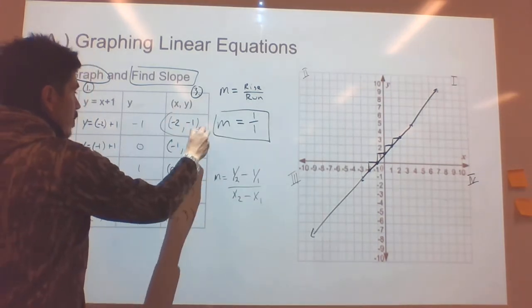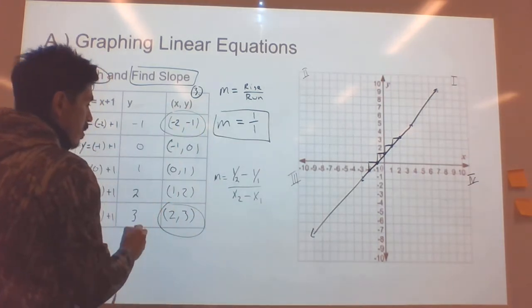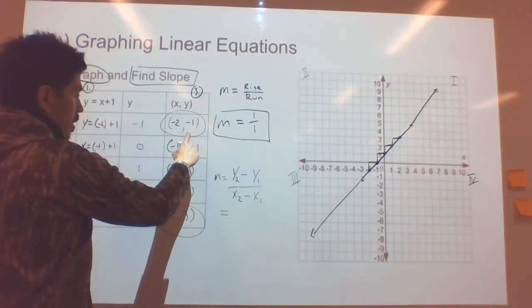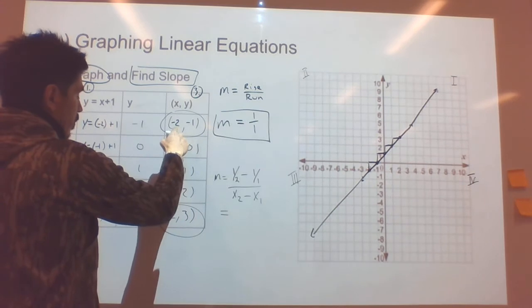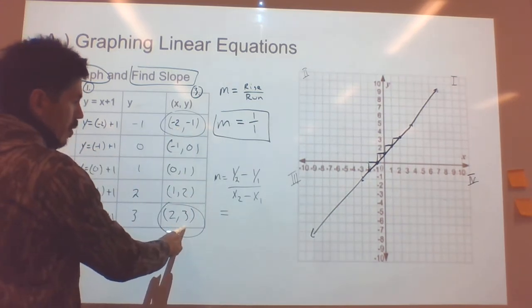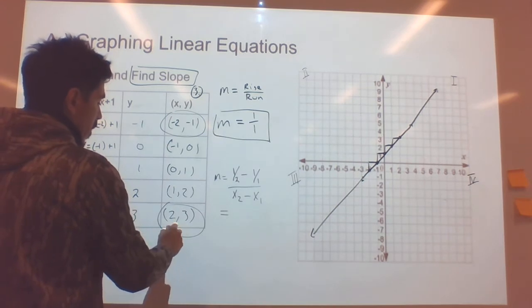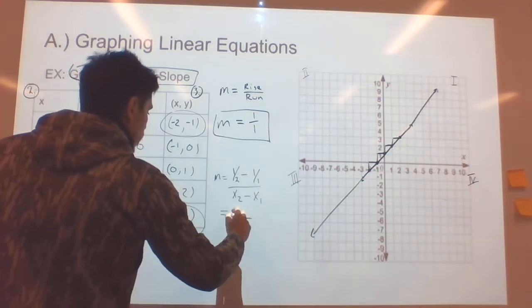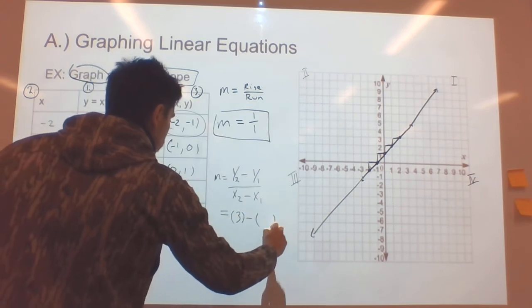I'm going to pick this point here and the last point. My first point is x1, y1, and my second point is x2, y2. My y2 is going to be 3 minus, okay?